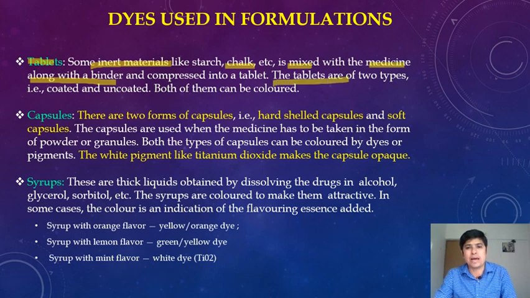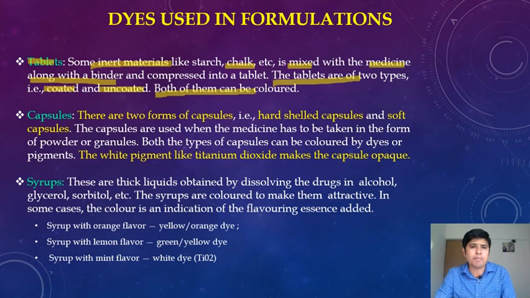Tablets are of two types, one is coated tablet and the second is uncoated tablet. Both of them can be colored, or they may not be colored, but they may be of any color.